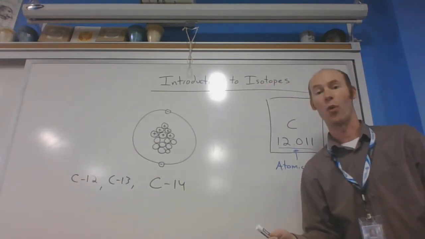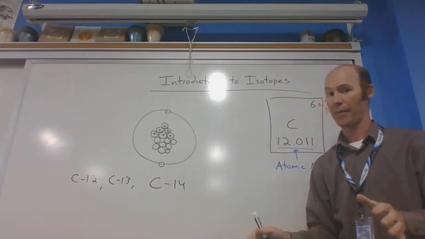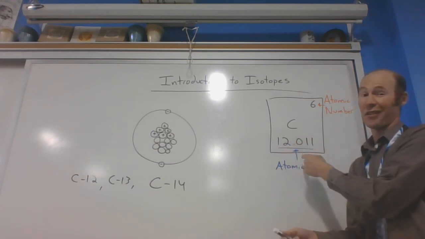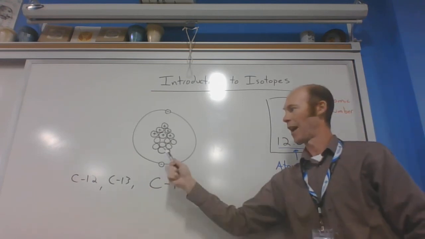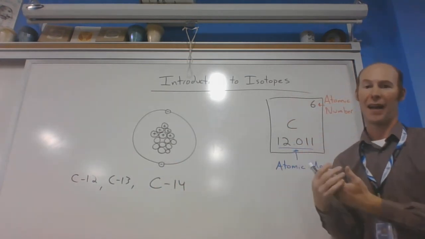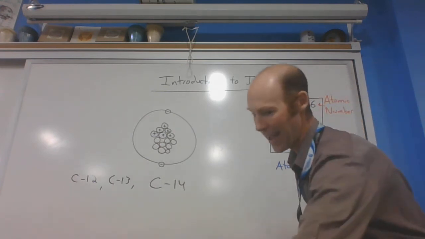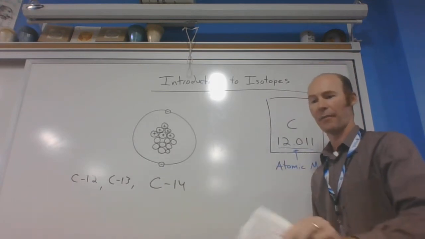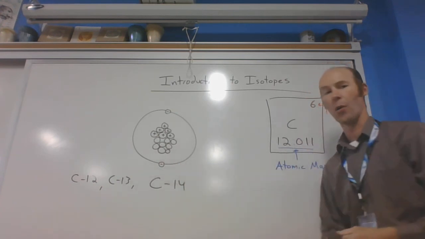They're the most common ones, and carbon-13 and carbon-14 are pretty rare. Because when you average them out, we're down to almost 12, but 0.011 more. The extra neutrons of carbon-13 and 14 tilt that average just a bit more than 12. So you can look at any element in the periodic table and its atomic mass, and that's an average of all the different isotopes.